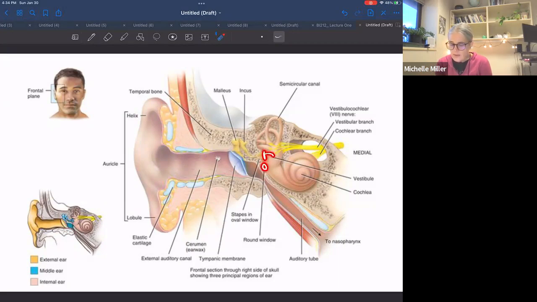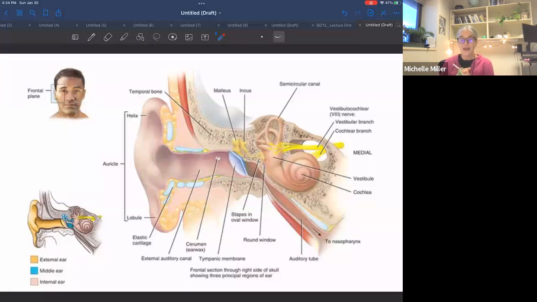So the sound waves are going to come in and they're going to travel via the cochlea all the way from the base to the apex. But then because it's fluid filled, we actually have to get rid of that energy. So the sound waves will travel back out and then come back out the round window. So the oval window is connected to this stapes, and then the round window is just underneath it.